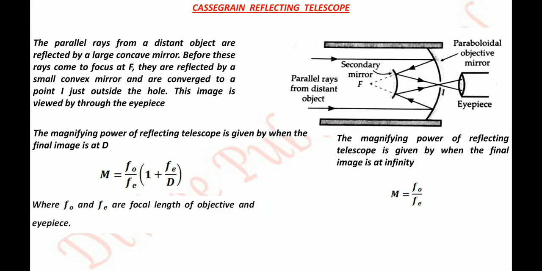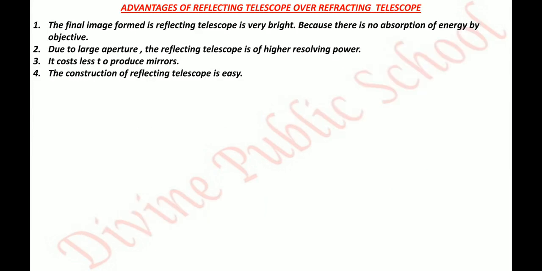Now we have two types of telescope, reflecting and refracting. Which is better? Advantages of the reflecting telescope over the refracting telescope: the reflecting telescope is preferred for several reasons. Let us discuss some. The first is that the final image formed by the reflecting telescope is very bright because there is no absorption of energy by the objective. Whenever light goes through a medium, there is selective absorption of energy in the medium.